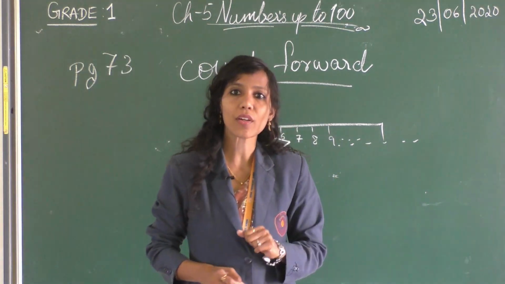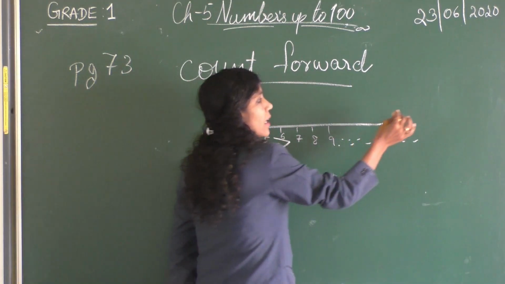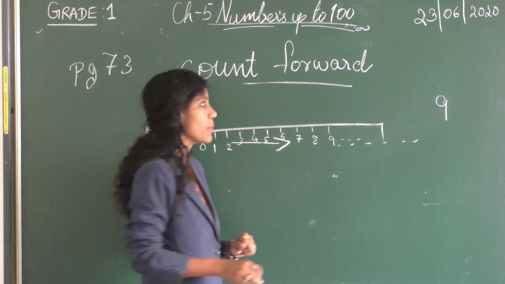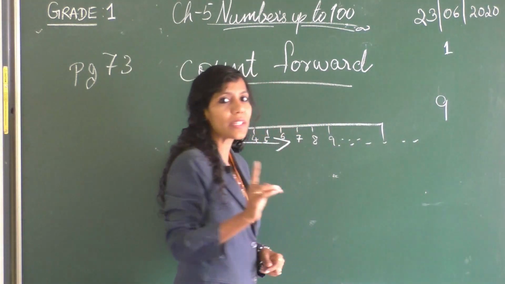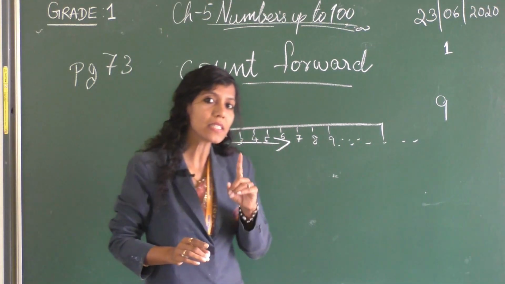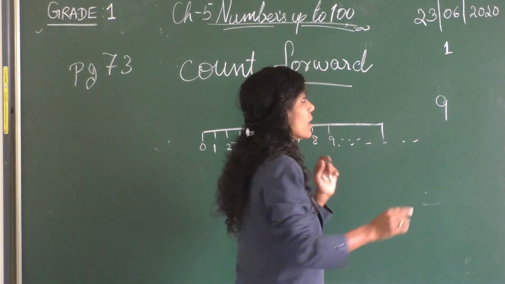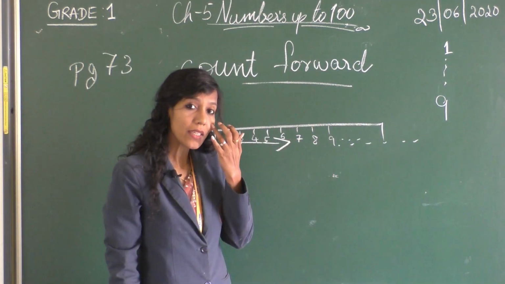Now we are already in 2-digit numbers. A single number is called a 1-digit number, that is from 1 to 9. Only 1 to 9 are 1-digit numbers.